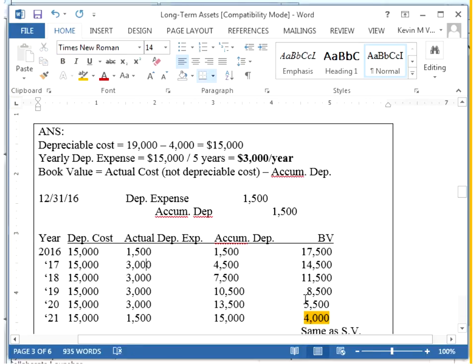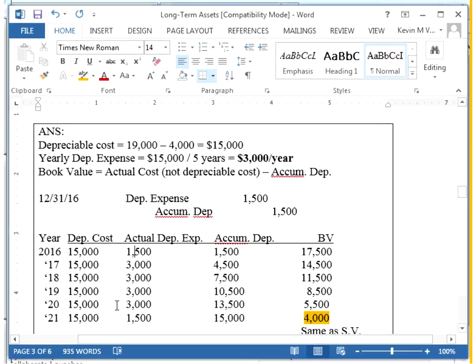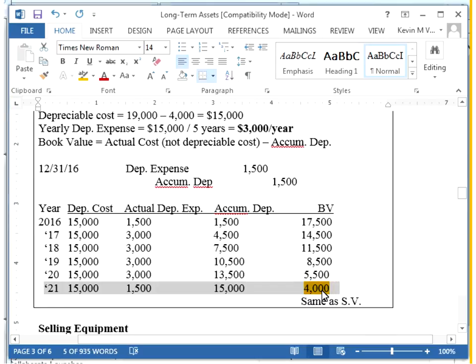I'm going to take $3,000 every year, and then notice if you count them up, you'll see 1, 2, 3, 4, 5, 6 years. You think, well, wait, why is there 6 years when it's only a 5-year asset? Well, that's because this first year was only a half, and this last year is the other half. When I get all done with that final year, my book value should be the same as the salvage value if I did the calculations correctly.